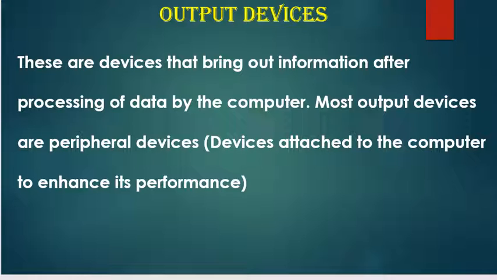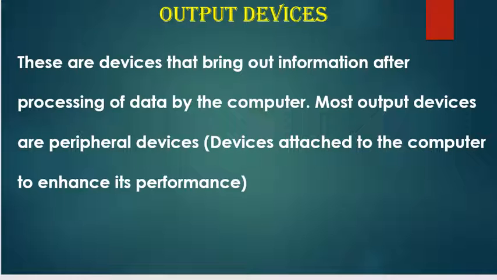In computing, the term output devices refers to any computing device that brings out information after processing of data by the computer. So any device that brings out information from the computer after it has finished processing data, that device is called an output device.